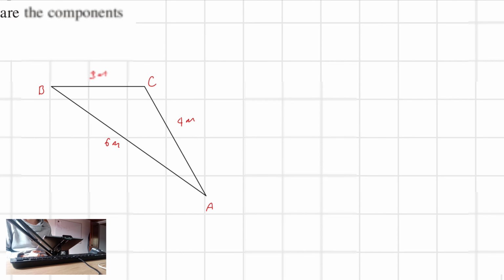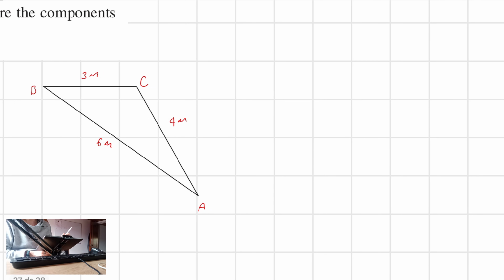All we have to do is take these 6 meters and say that this vector is pointing towards this direction. So this is already telling me that the y component for the RBA vector is going to be negative, and the x component is going to be positive.